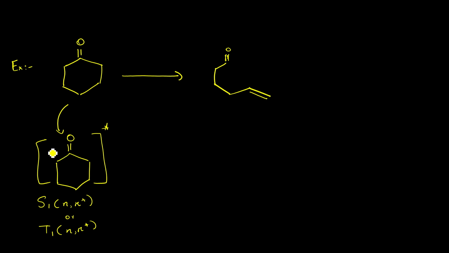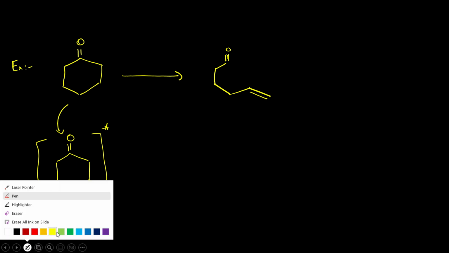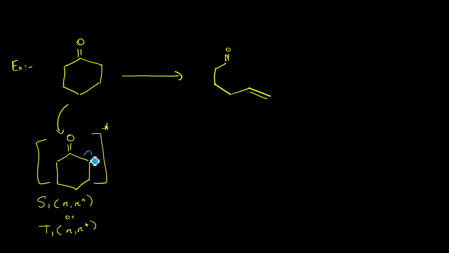You can see there are two alpha bonds, or two positions, where we can introduce this alpha cleavage, either here or here. As you can see in the final structure, we have to cleave this particular bond. So let's break this particular bond. I will break it in blue color. Now we have the structure like this.